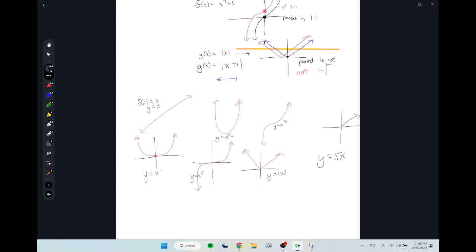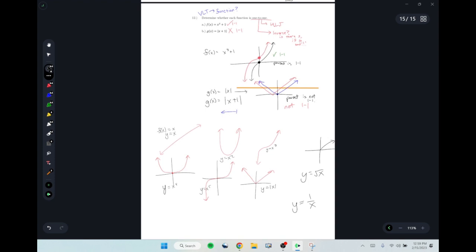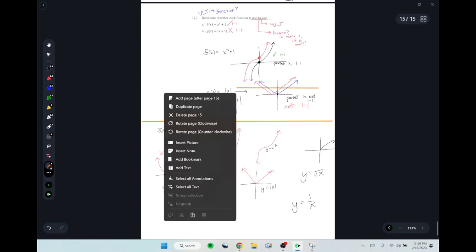And that's it for now. Eventually we'll do y equals 1 over x. Fun foreshadowing into the future, but we haven't done that yet. Sorry, that's a side note on just parent functions, but good for everybody to remember that is part of what we need to know.